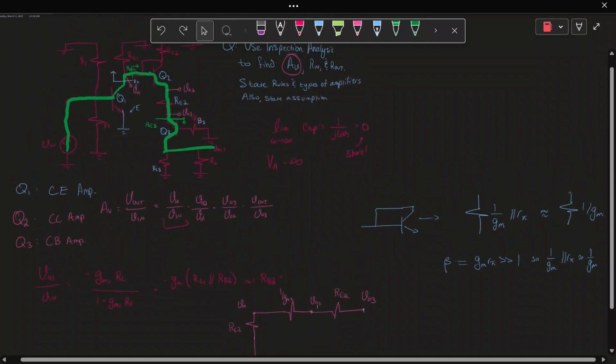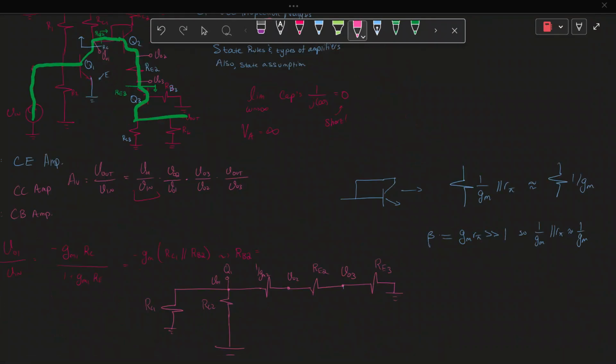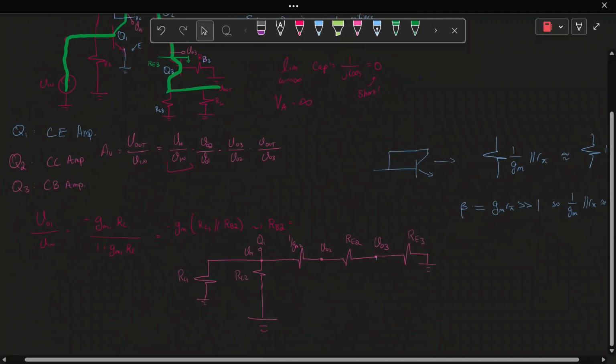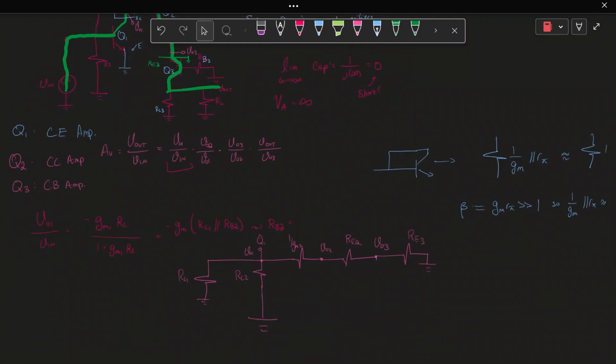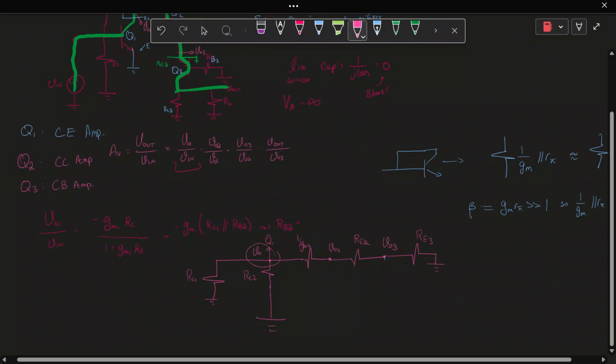Okay, so RB2, let's see here. Okay, so yes, this is what this bottom here. I made sure to recheck my work because sometimes this can be confusing about what these resistances should be. Now, just so we're clear here, VO1 is going to be connected to what?